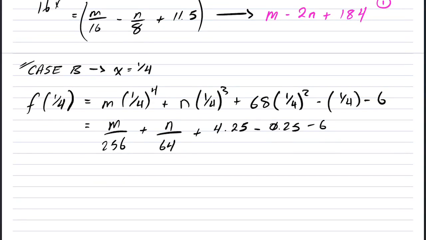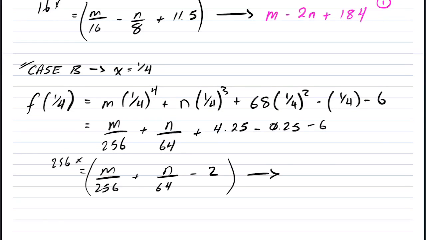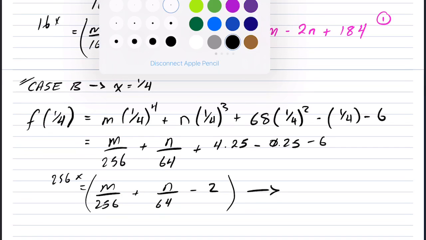So 4.25 minus 0.25 is 4, and 4 minus 6 is -2. Minus 2. Let's multiply everything here by 256 just to get rid of those fractions. And we get, let's write this in a new color, let's do it in blue.